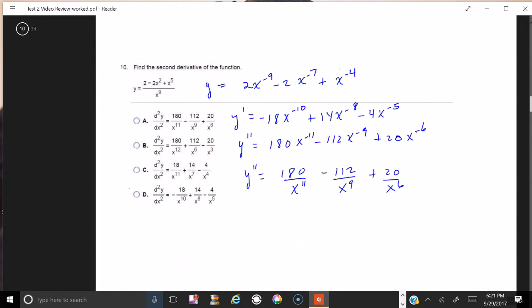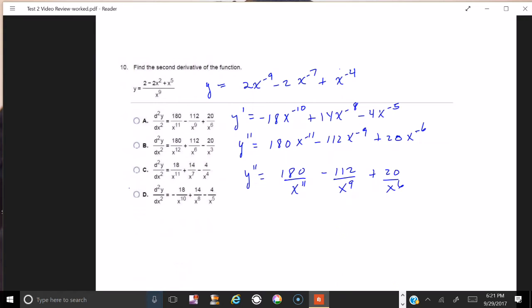Now we want to find the second derivative of this function. And the first thing to do is to rewrite this to make it easy for us. You could use the product rule or the quotient rule, but it's probably easier to go ahead and rewrite it.